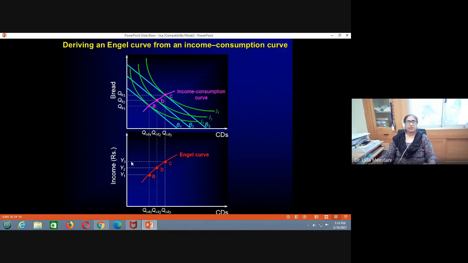So it shows the relationship between consumption and income. Normally it is upward sloping. It means that there is a positive relationship between income and consumption. As income rises, you consume more of both.